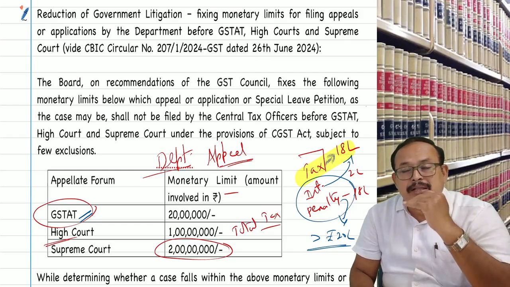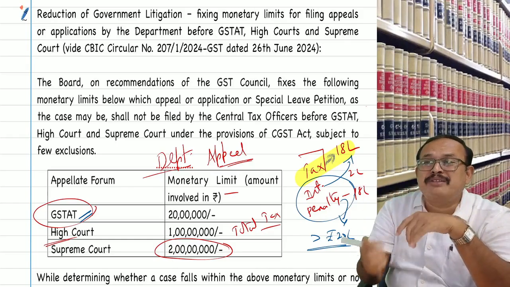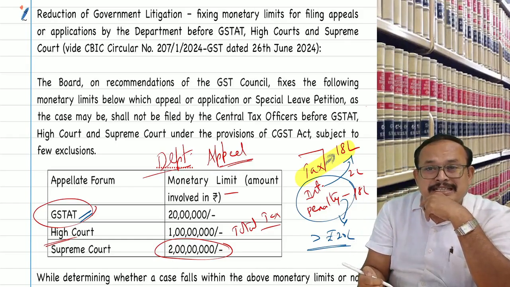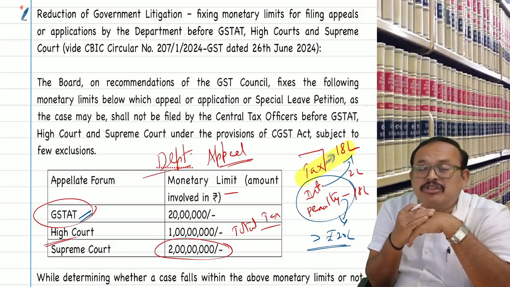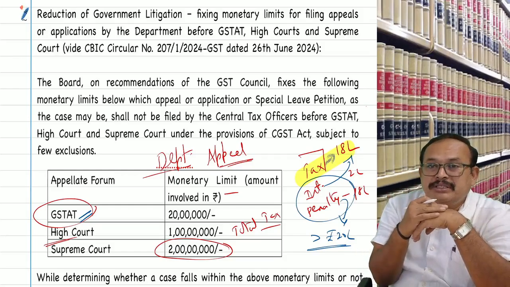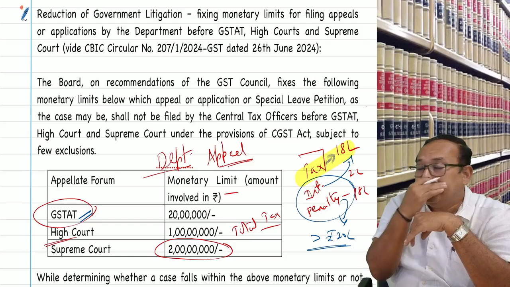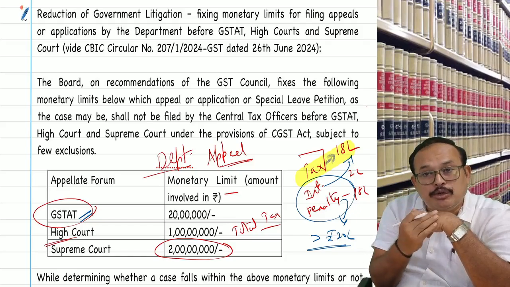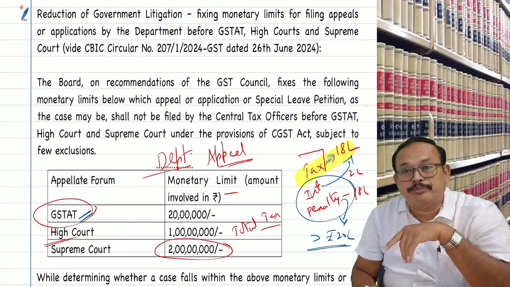From the first appellate authority or revision authority, a departmental appeal cannot go to the tribunal if the amount does not exceed 20 lakhs. If the tribunal gives an adverse judgment to the department, the department cannot appeal to the High Court if the total tax involved is less than or equal to 1 crore.